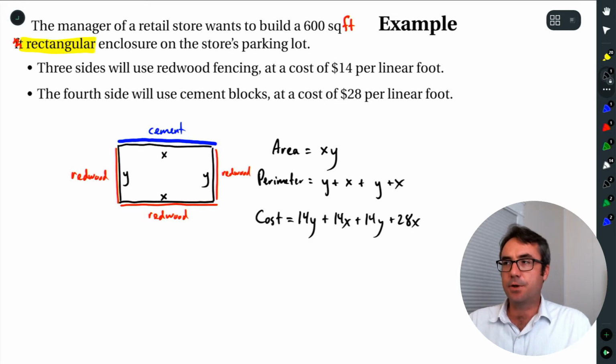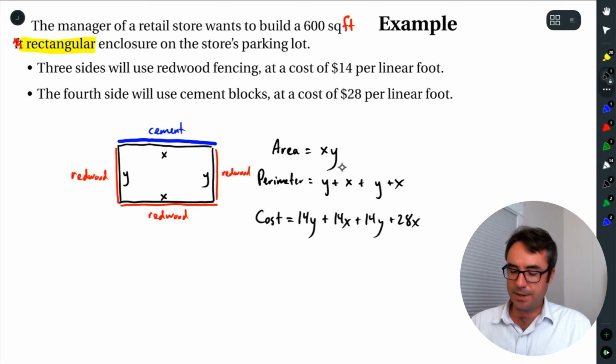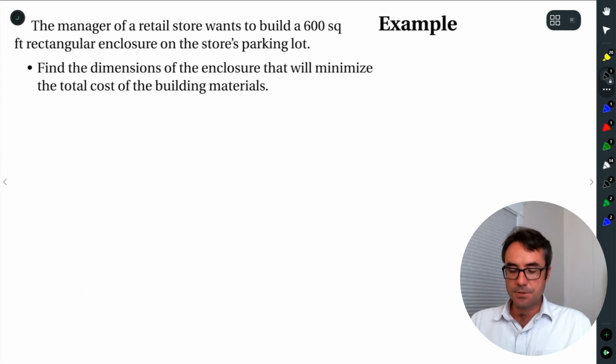All right, so the question is, we have our diagram, we have our variables, we have some interesting equations here. Now we're getting ready to start up the problem. Let's figure out, we want to find the dimensions of this enclosure that are going to minimize the total cost.